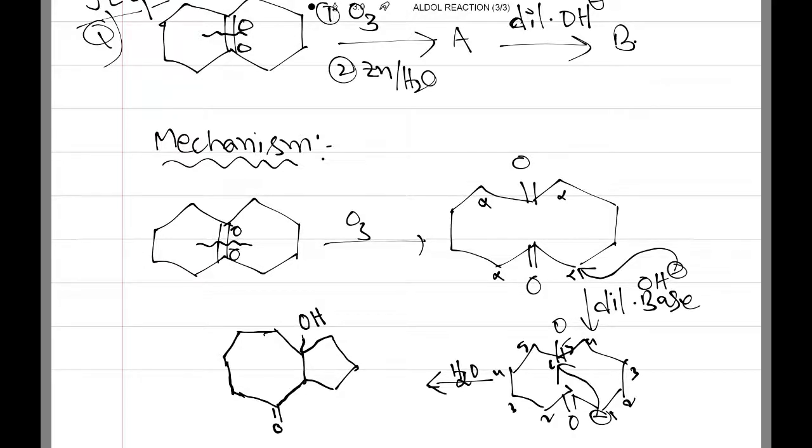After that, on a small amount of heating, what is the product of the reaction? The alpha beta unsaturated carbonyl compound is formed.